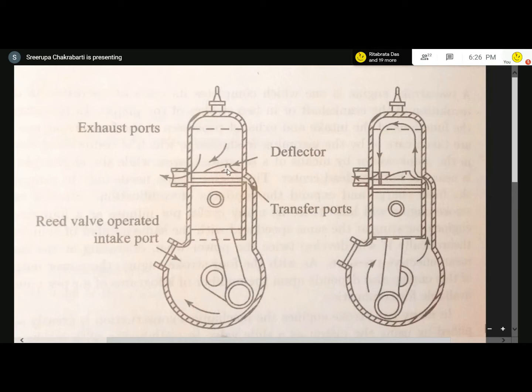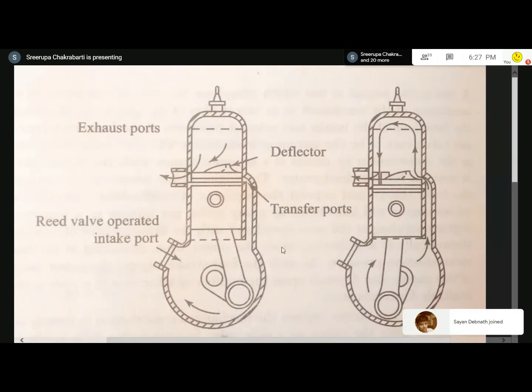Now the piston on its downward journey is still moving down and it opens this port. This is the transfer port, as you can see here. It opens the transfer port. So this position is one position of the piston and this is the next position. Both are downward positions.